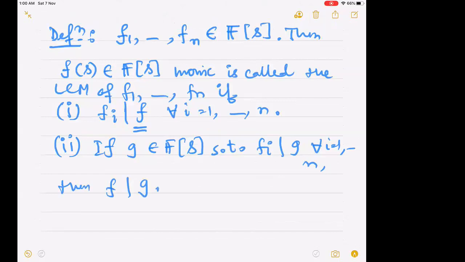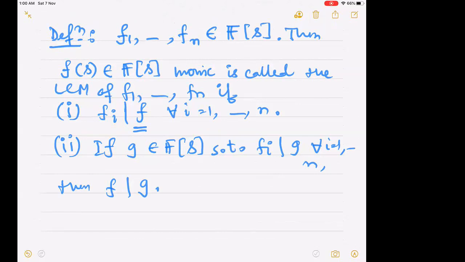So among all those polynomials that are multiples of f1 up to fn, f happens to be the smallest, because if there is any other multiple, then f is going to divide it. It's going to be a multiple of f also. So that's least common multiple.